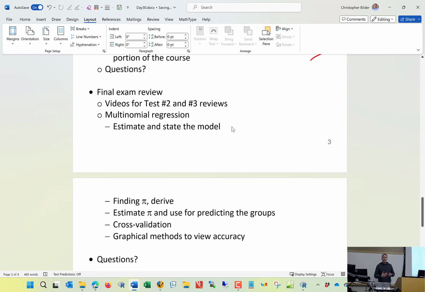Now, in terms of a review of the material, in terms of the test 2, test 3 material, I would basically just say exactly the same thing that I did before. So I don't have anything prepared for that here.